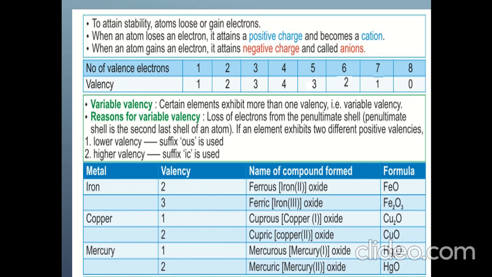If it is 3, it becomes ferric. In case of copper also, cuprous and cupric. In case of mercury, mercurous and mercuric. So always remember, lower valency uses suffix OUS and higher valency uses suffix IC.